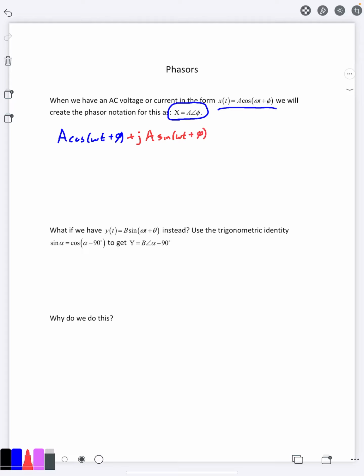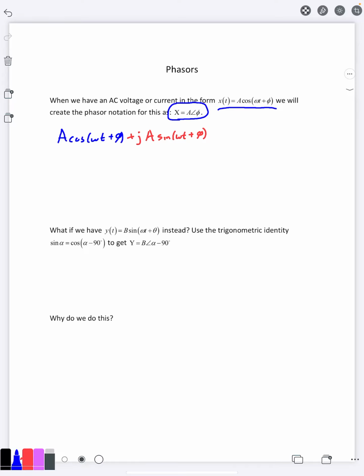As long as at the end of the day we get rid of the imaginary part, we'll have the right answer to the problem. So we're putting something in that we're eventually going to remove at the end to get our final answer, and it's going to turn out that putting this in is going to make our problems easier.